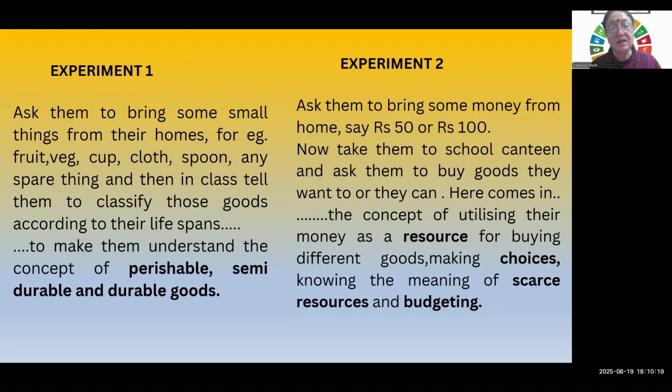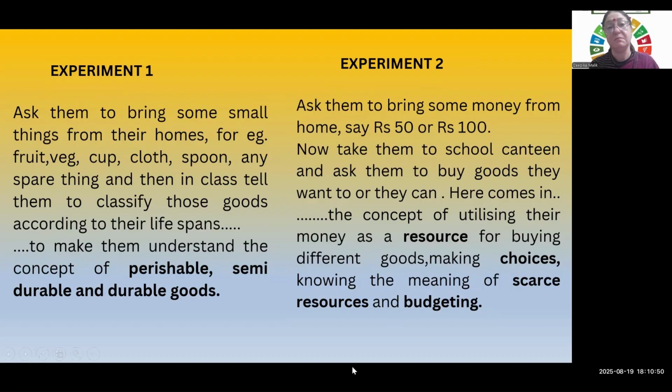Another activity is to tell them the basic words: what are resources, what is scarcity, how do we make choices, and how do we make budgets. Ask them to get a nominal amount of money from home, depending upon their capacity, say 50 rupees or 100 rupees, and tell them that with this money they have to buy the maximum goods, and the only money they have is 50.